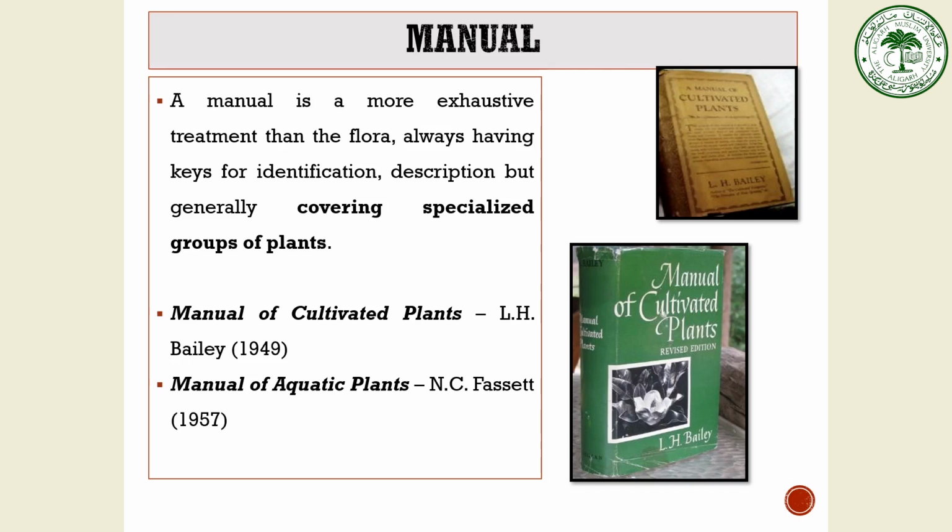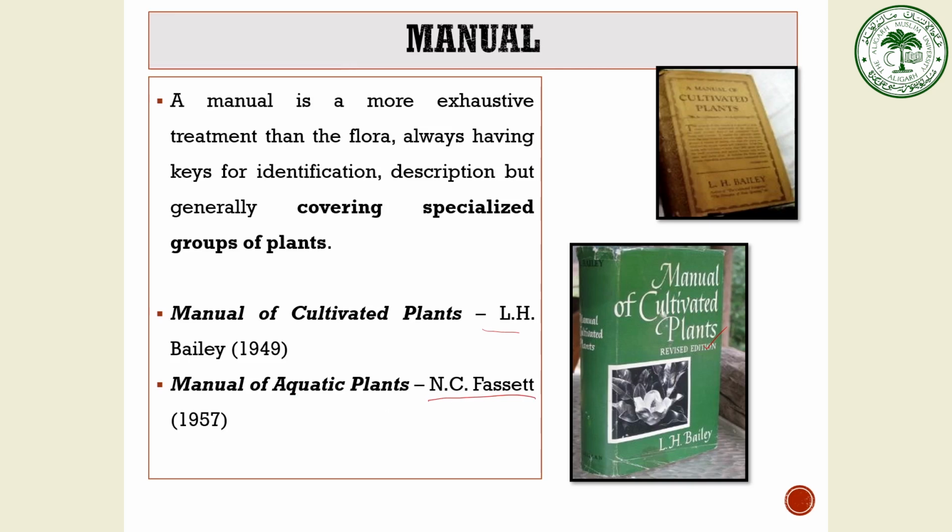Then the next document is the manuals. A manual is a more exhaustive treatment than the flora and always has keys for identification and descriptions, but generally covers a specialized group of plants. Like you can see, the Manual of Cultivated Plants, published by LH Bailey, then the Manual of Aquatic Plants, published by NC Fassett in 1957.